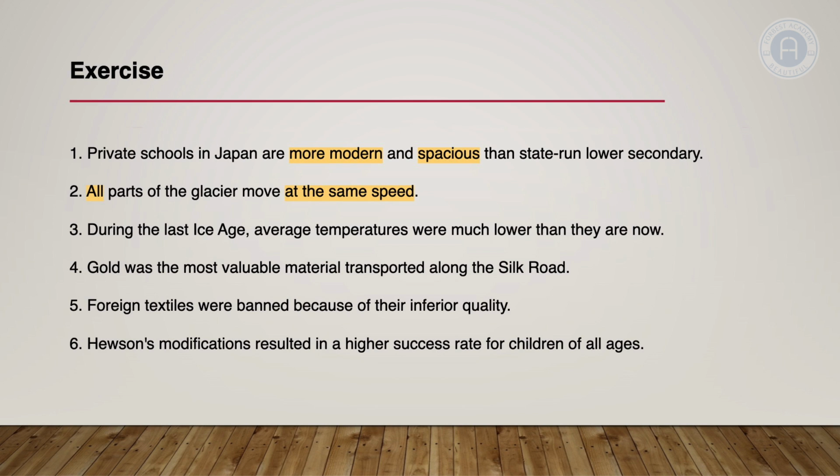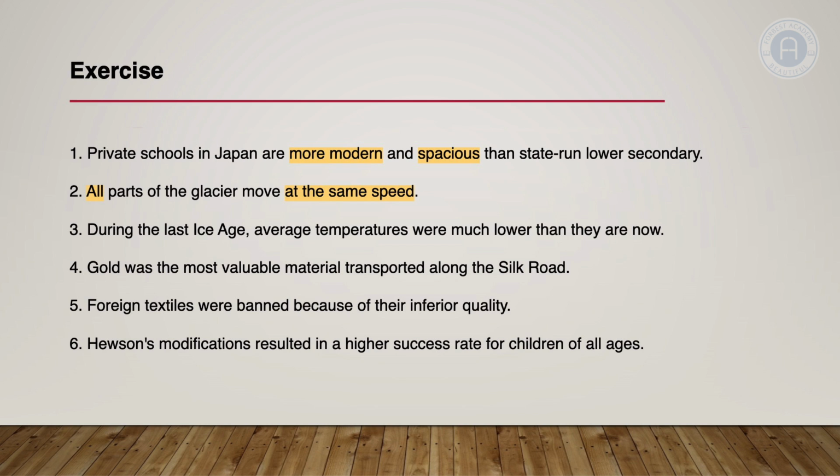If there's no mention of the speed of the glaciers and their parts, then this statement is not given. If parts of the glacier move at the same speed, but other parts do not, then this statement is false. And if everything that we are given here in this statement is mentioned in the text, then it is true.